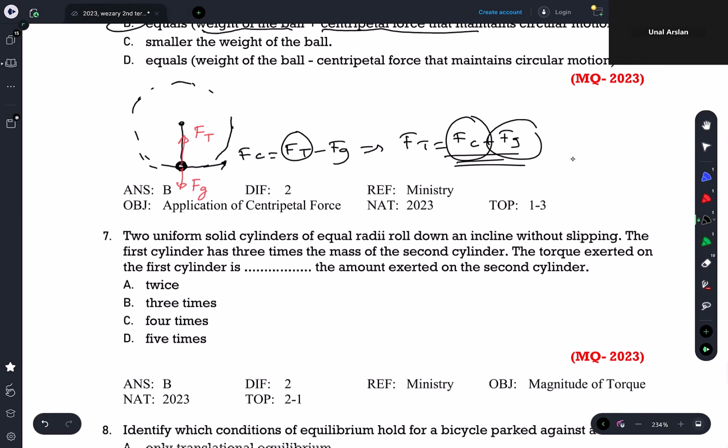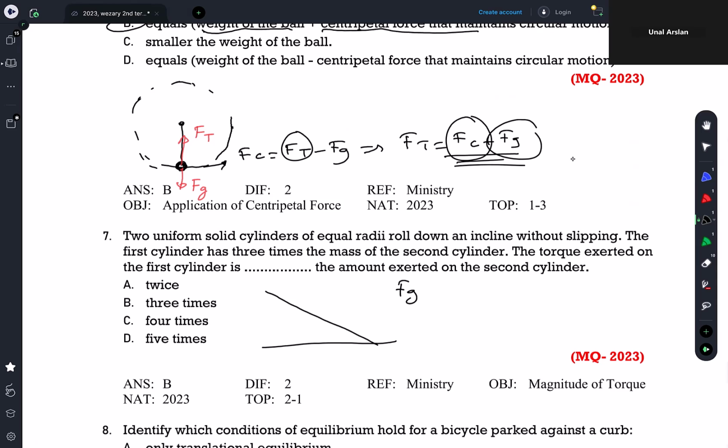Question number 7, two uniform solid cylinders of equal radii roll down an inclined plane without slipping. The first cylinder has 3 times the mass of the second cylinder. Torque exerted on the first cylinder is how many times the second cylinder? So if an object is rolling on an inclined plane, the force which causes the object to roll is the gravitational force, Fg.